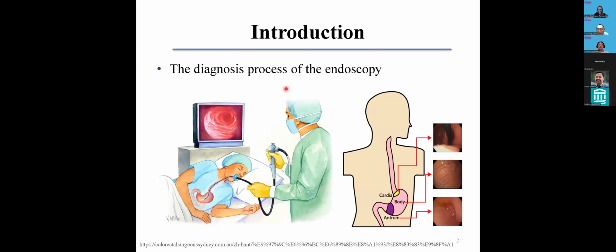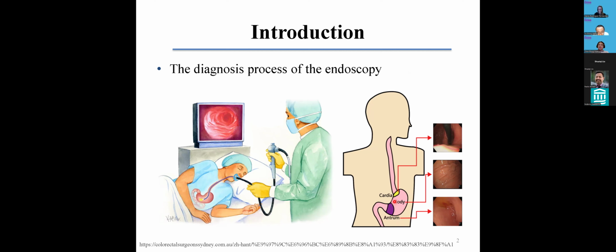For the diagnosis process of endoscopy, we use the endoscope, which passes through the patient's throat and the esophagus to the stomach, and then captures images in the stomach for the diagnosis. On the right side, you can see there are 3 main parts. The first part is called the entrance.